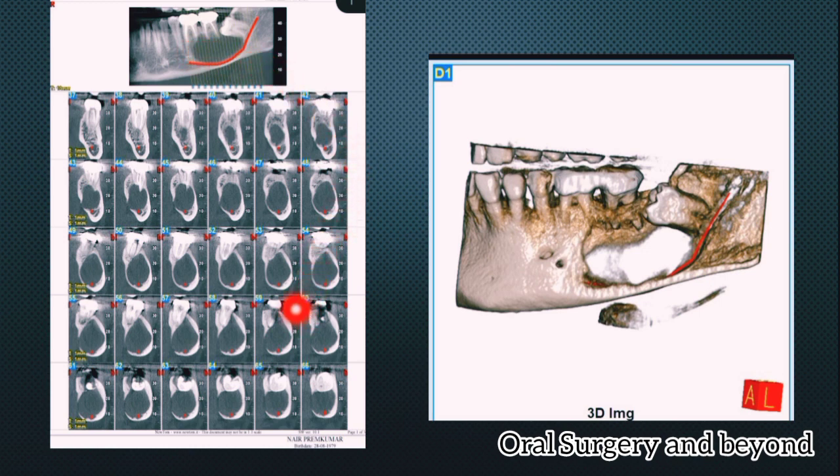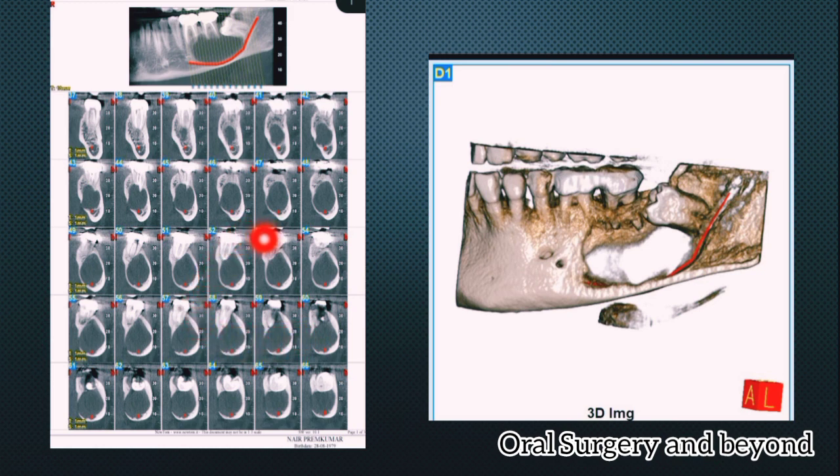Now on the axial, coronal and sagittal reconstruction we can get these images, but we have to see the lateral expansion, right? Whether the pathology is having a lateral expansion or not. So we are going to go for the coronal section check. Here we can see that there is not much buccal or lingual cortical expansion.